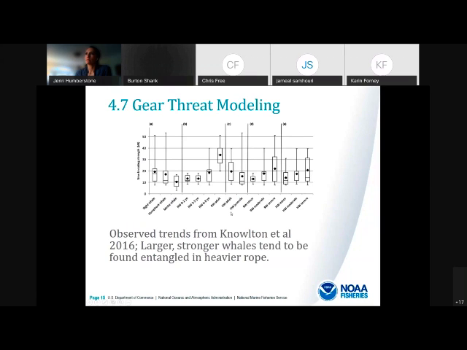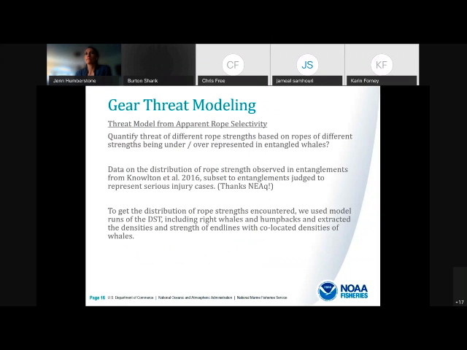So we thought, okay, maybe the one thing we can get out of this is rope strength. So we're trying to quantify this threat now, a very simple model based on rope strengths associated with different gear configurations. And the question is really whether we could detect if different rope strengths were either over or underrepresented in whale entanglements. So we had some rope strength data that came from this Knowlton 2016 paper.